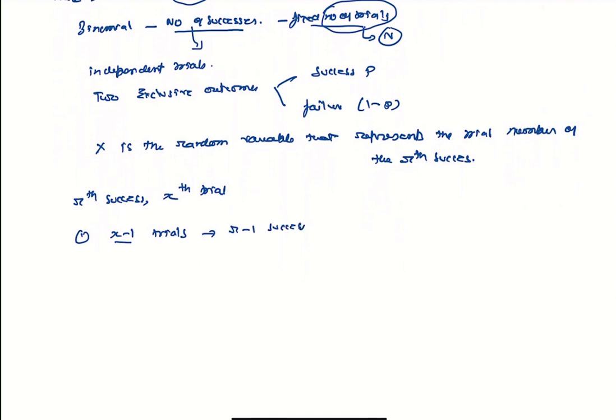And we can calculate this with the binomial formula, where x minus 1 is the number of trials and the number of successes is r minus 1. Then the probability is p to the r minus 1 times 1 minus p to the x minus 1 minus (r minus 1), which is basically just n minus x. So this is just a binomial formula to calculate that.